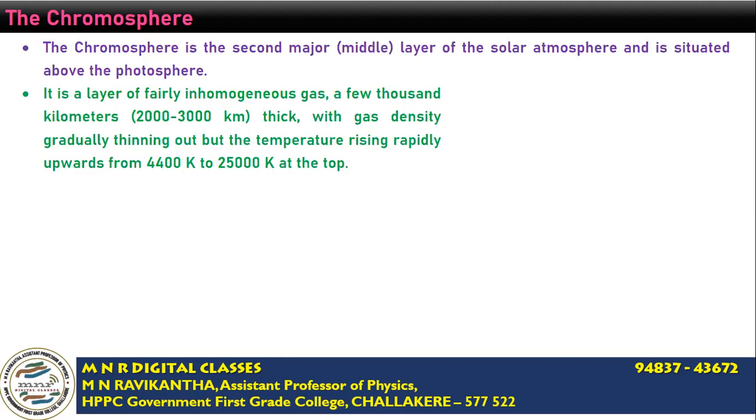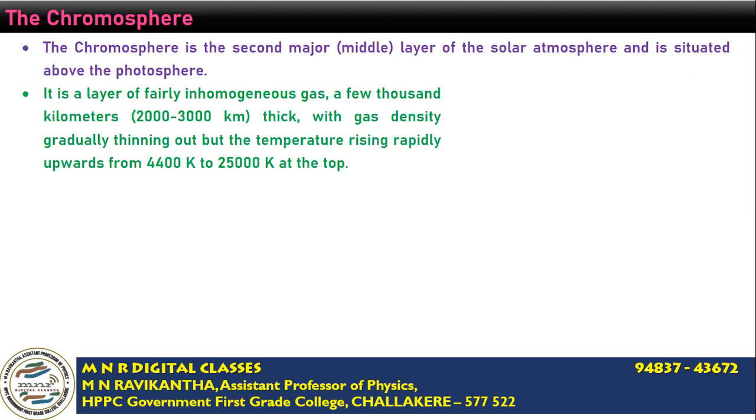In the earlier slides, we already discussed how the temperature varies in the photosphere, chromosphere, and corona region. Across this layer, the temperature sharply increases from 4400 Kelvin to 25,000 Kelvin at the top. And the composition is not homogeneous. It is fairly inhomogeneous gas.